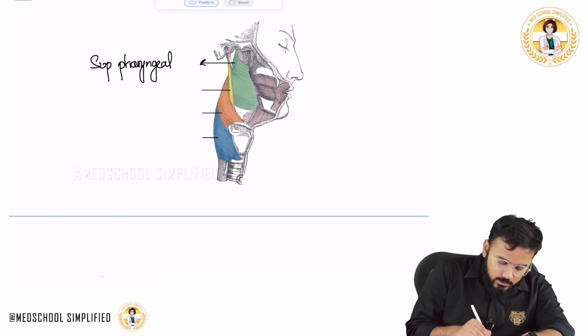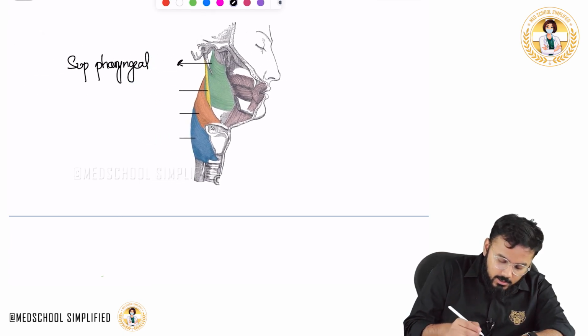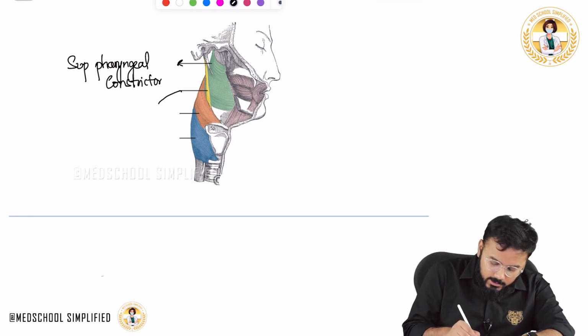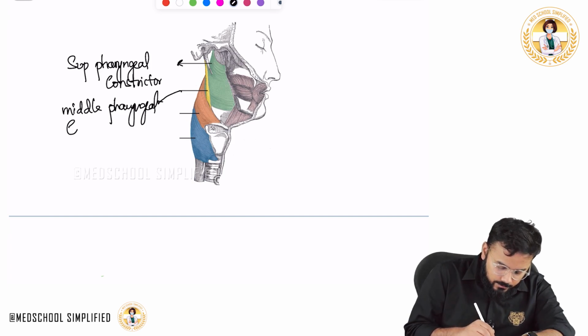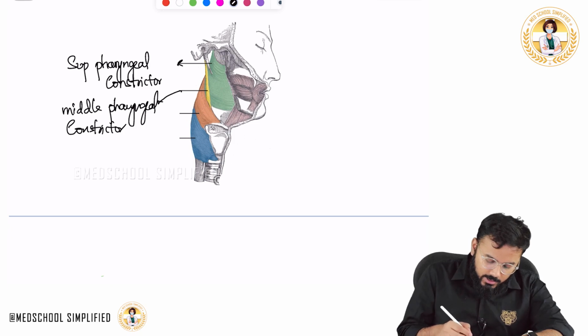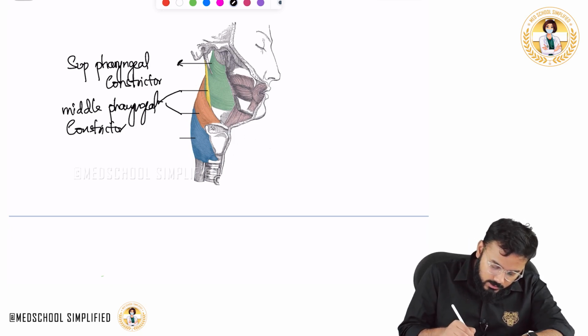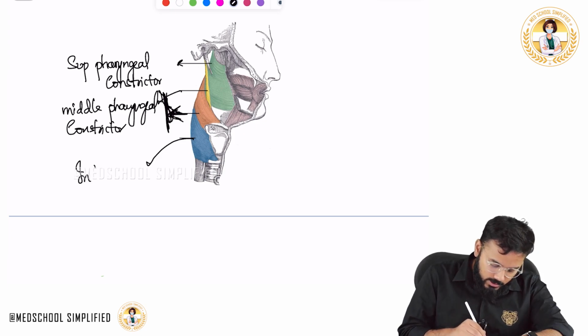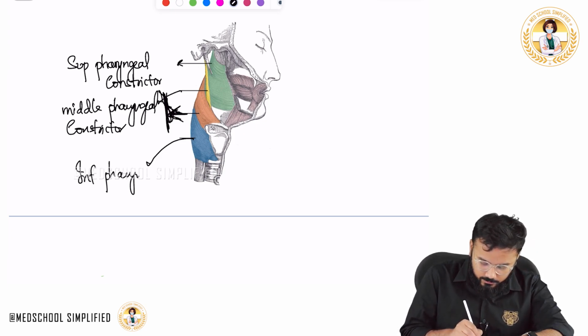Next, this muscle is called your middle pharyngeal constrictor, and the last muscle, this one over here, is called your inferior pharyngeal constrictor.